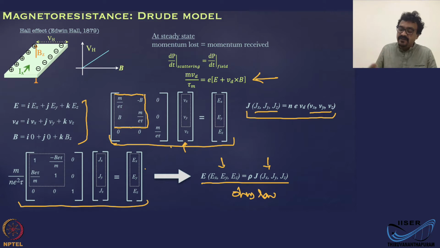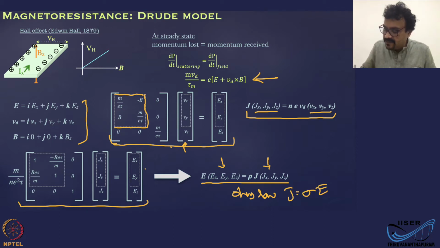You are familiar with Ohm's law in terms of the conductivity, but this is just a resistivity. What you are familiar with is J equals sigma into E, and here sigma is replaced by 1 by rho. Then you take that rho to the other side. That's what it is.